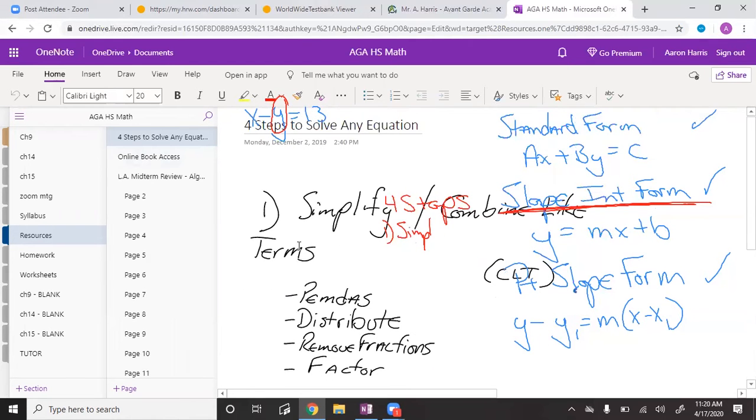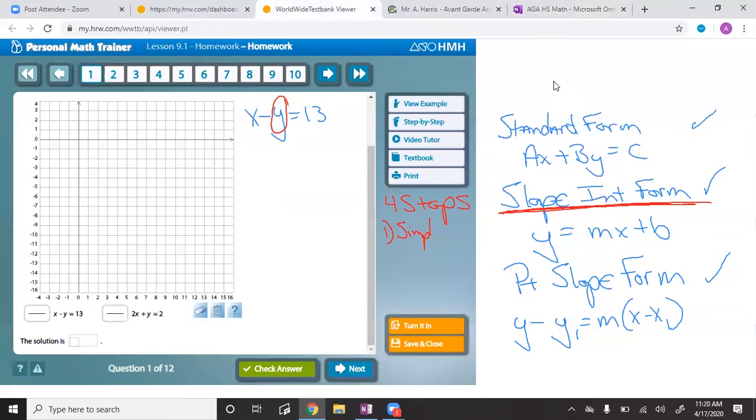We need to memorize these 4 steps. Simplify, combine like terms. There we go. So that's what we want to be able to do. Let me get my annotating back on. Okay, so simplify, combine like terms. Now there's 4 checklist items for simplifying. What are they?